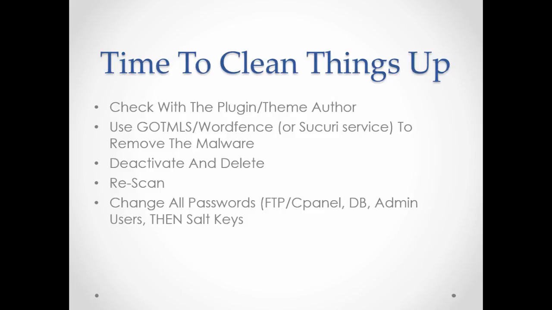But briefly, if you edit WP config and go down to the section where the salt keys are, there's a link there to a page on WordPress which will generate fresh salt keys for you. So what you need to do is to go to that page, get the keys it generates, and paste them over the top of the keys in that section. It's literally just a copy and paste.